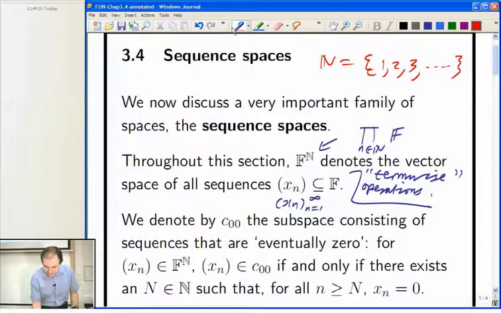So you could regard each of these as a separate space, but they all happen to be the same. So you could say that this is X_n, but where every X_n is F. And that's absolutely allowed.